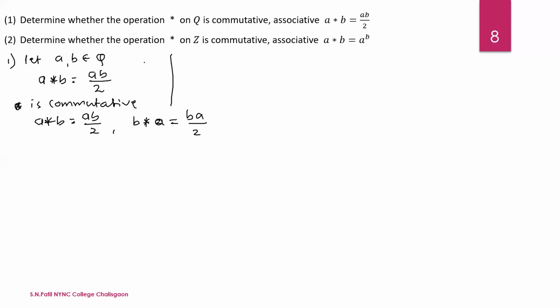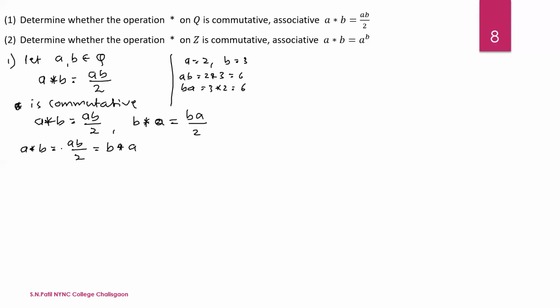Particularly, suppose A is 2 and B is 3. Then AB is 2 into 3, that is 6, and B into A is 3 into 2, that is 6. That means A star B equals AB upon 2, and AB is the same as BA, which means B star A. So the operation star is commutative.